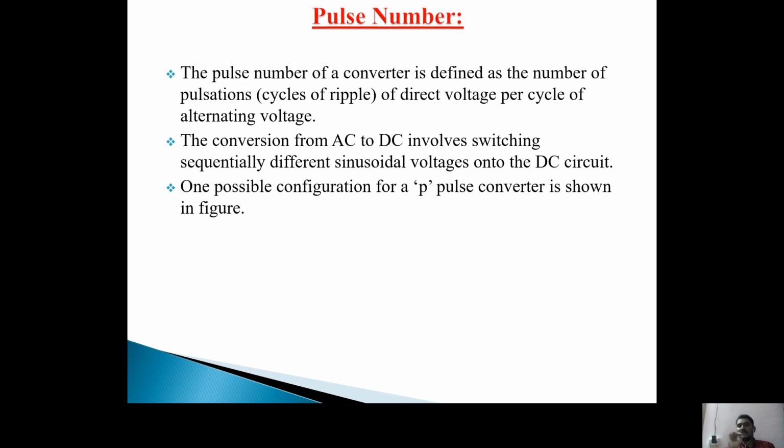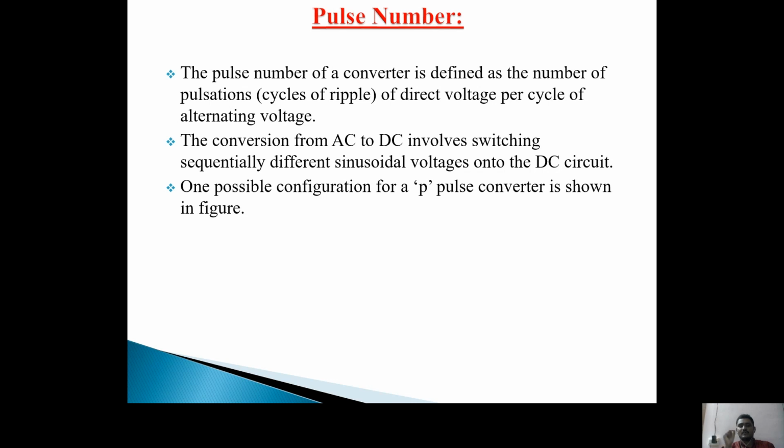The conversion from AC to DC involves switching sequentially different sinusoidal voltages onto the DC circuit.